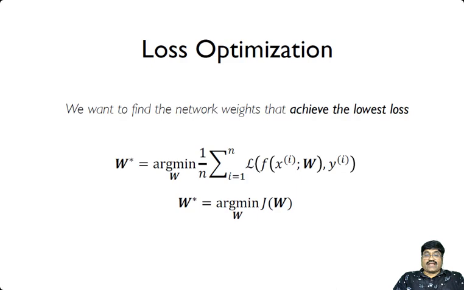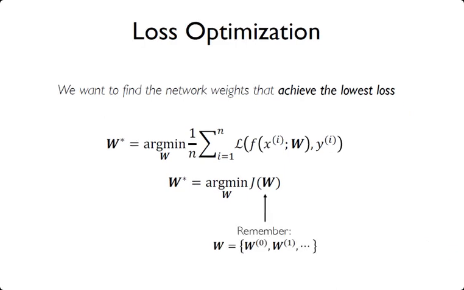Now, what this means is that we want to find the W's that minimize that total loss function, which we call the objective function J of W. W is an aggregation or a collection of all of the individual W's from all of your weights.